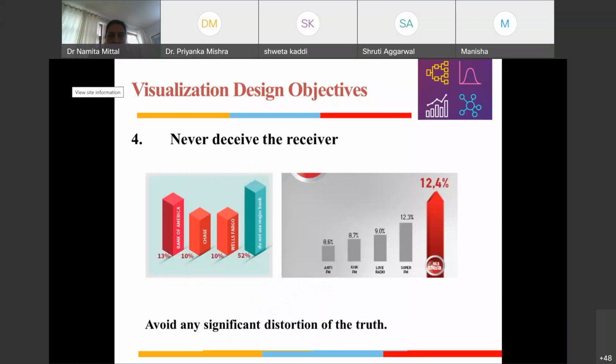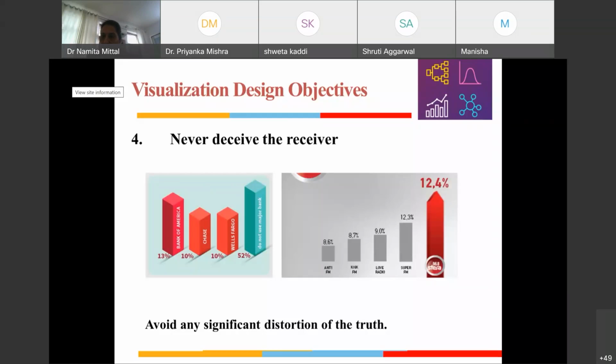Now, next example, never deceive the receiver. Look at this picture. We have 13%, 10%, 10%, and 52% in the last bar, that is green in color. Look at the difference, 10% and 52%. It's not making a ratio. Similarly, in the next visual, 12.3% and 12.4%.